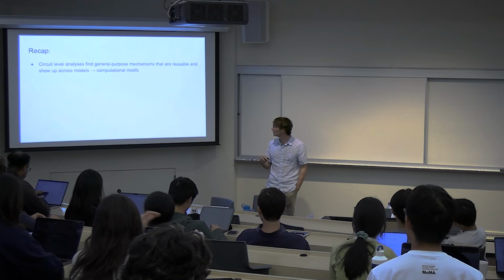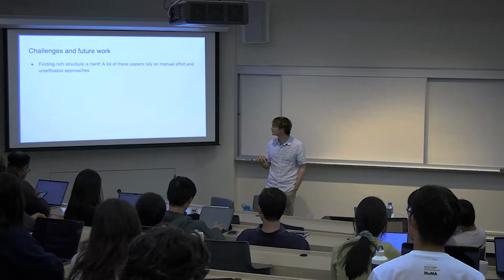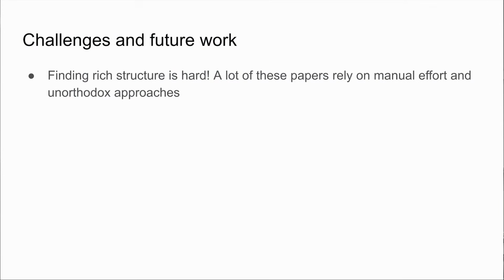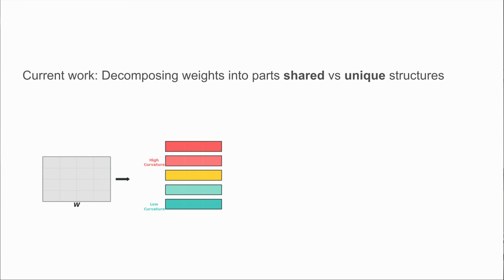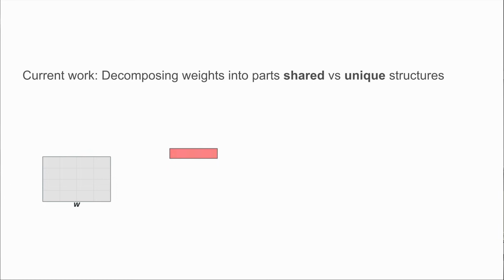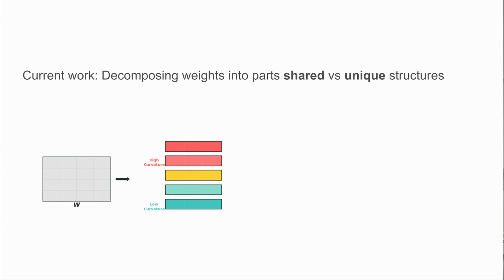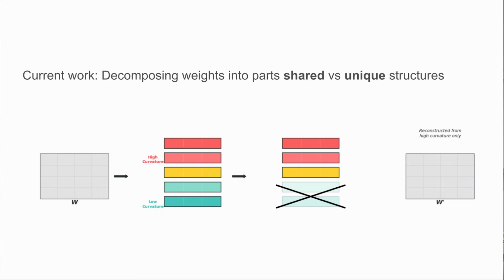Yeah, cool. So defining the structure is very hard. In some work currently wrapping up at Goodfire, in a project with Surya, who's back there running the camera, we were looking at decomposing weights directly into shared structure and unshared, kind of unique structure that's only used for a few tasks.